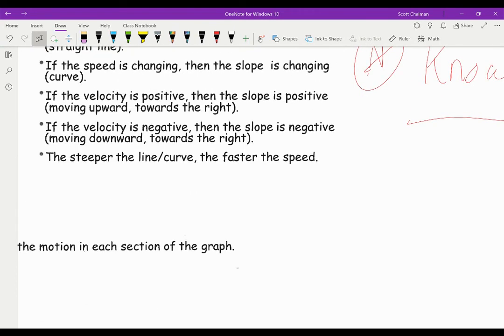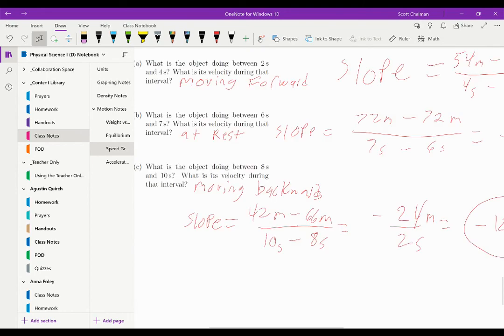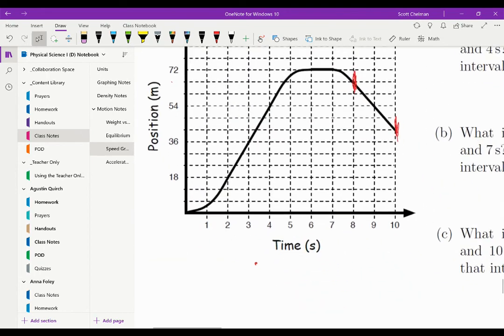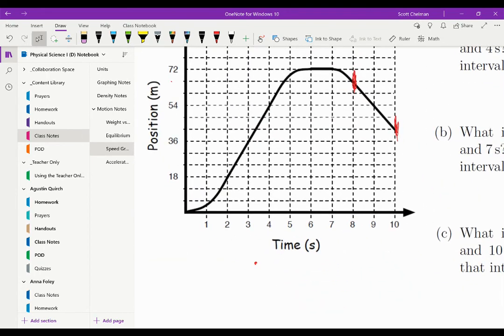Actually, let's go back to the other one. You look at here, look at these points right here. Right? See how you got those little curves there? You have a distance versus time. That means that's not a consistent slope, right?